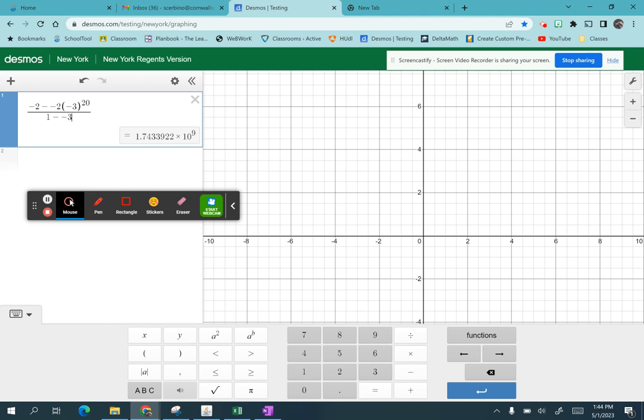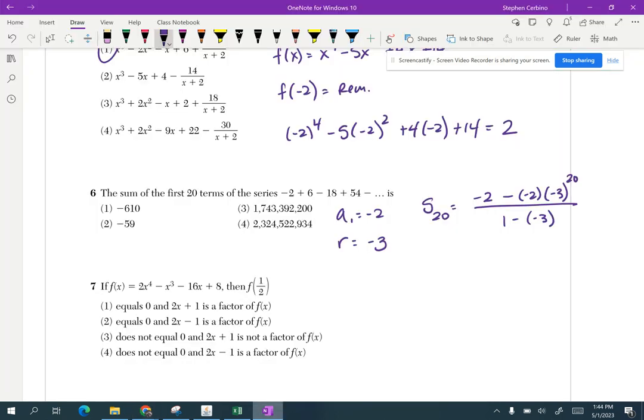If you make that into a nice number, we get that 1 billion number, and that's our answer. Another way we could do this is with sigma. So we can make this 20, and then we can come up with an explicit formula for that geometric pattern. Type that in, you'll get the same exact answer. Those are both the same.